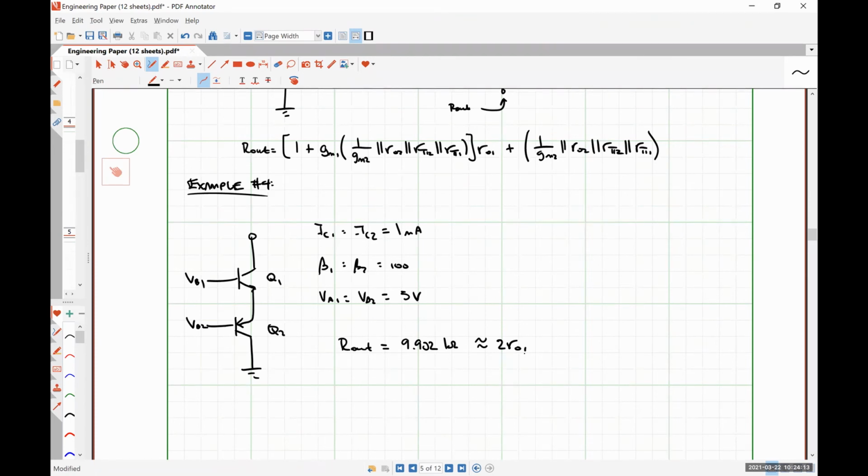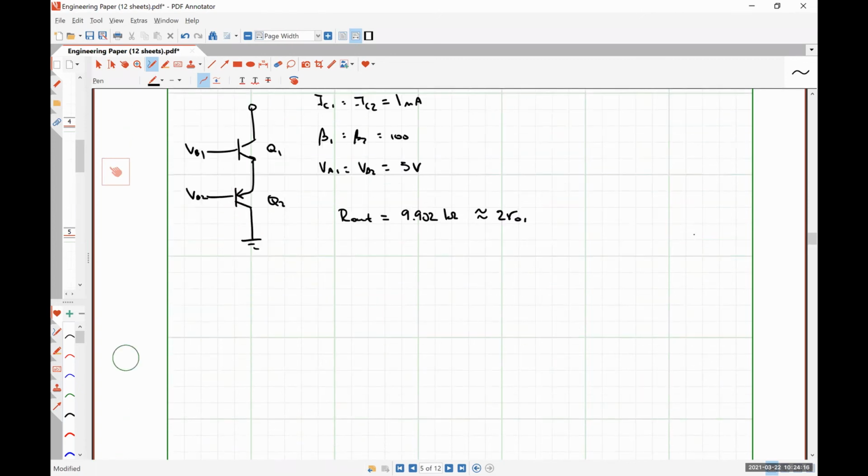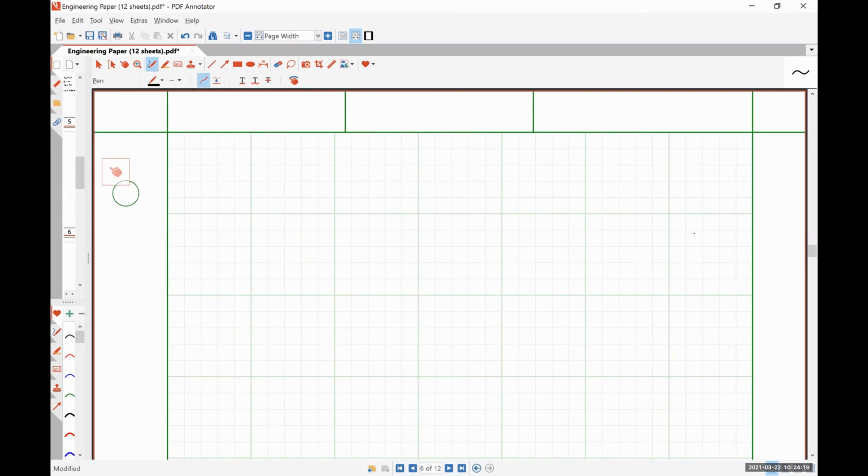All right, our last topic for the day, this one's going to be relatively short, is the Cascoded MOSFET stage. We will again start with degenerated current sources.